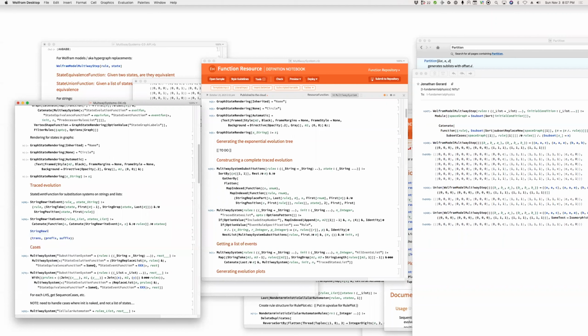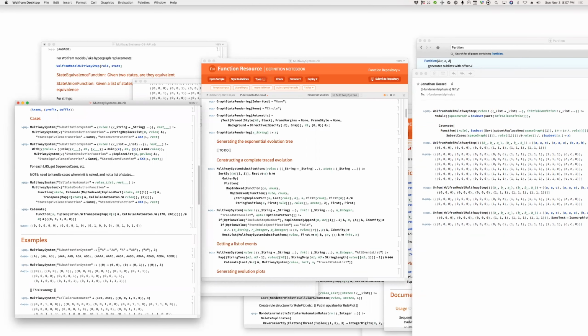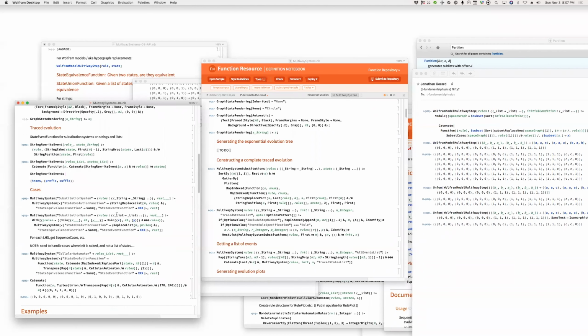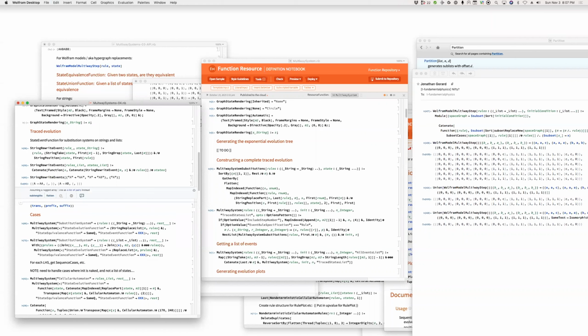Okay, so string rewrite events is, let's say, what should we use? Just use this one here. Okay, that's rather uninspiring. I suspect that's out by one errors.